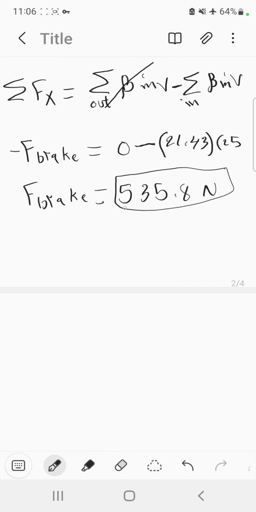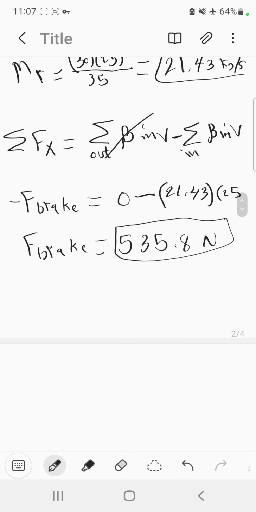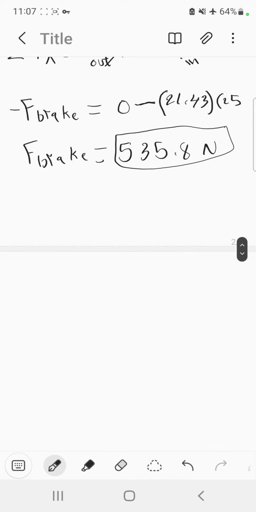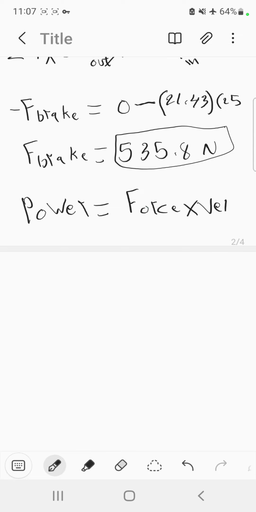Now for the second question, he is asking, if the force were used to generate power instead of wasting it on the brakes, determine the maximum amount of power that could ideally be generated. So we know the equation for power is equal to force times velocity.